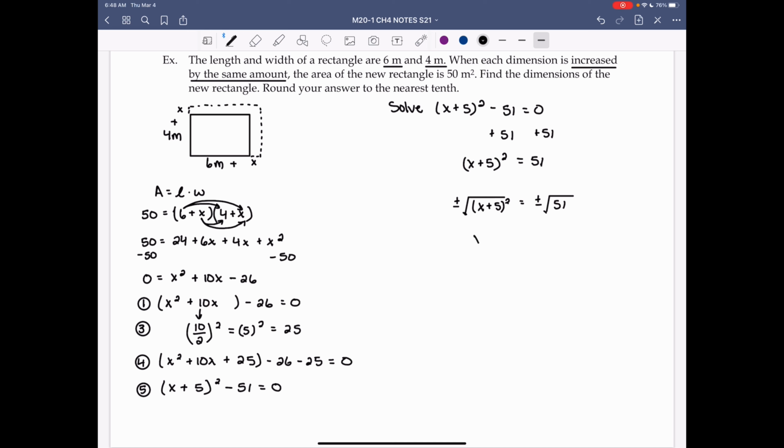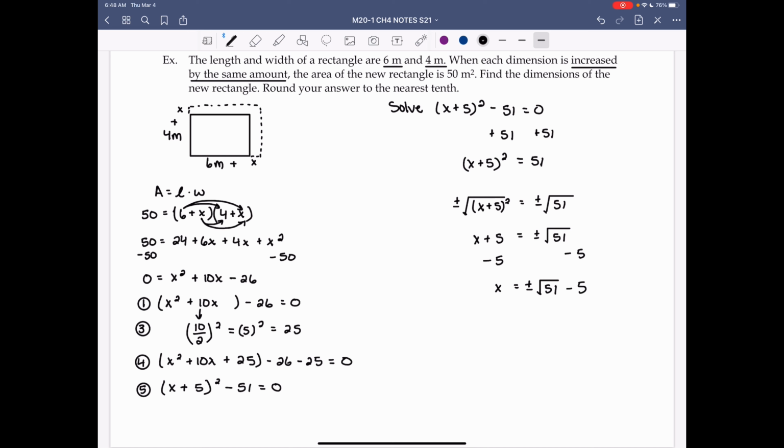That leaves us with x plus 5 on the left and plus or minus the square root of 51 on the right. Subtract 5 from both sides, and we get x equals plus or minus the square root of 51, minus 5.